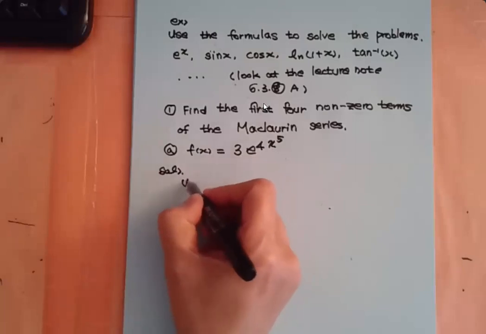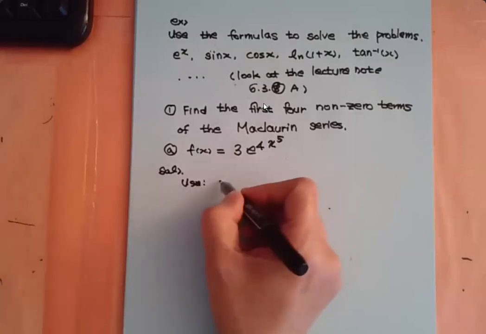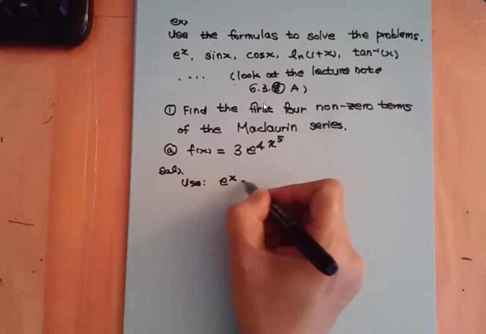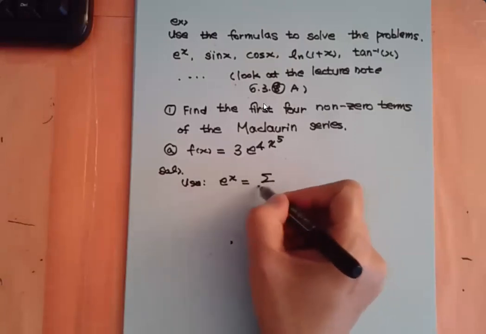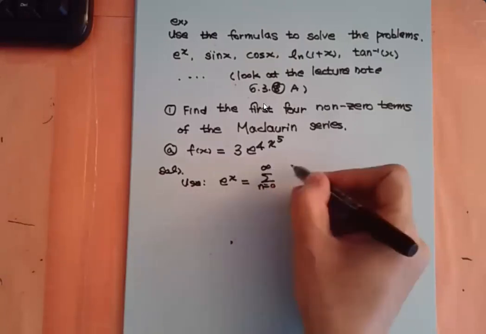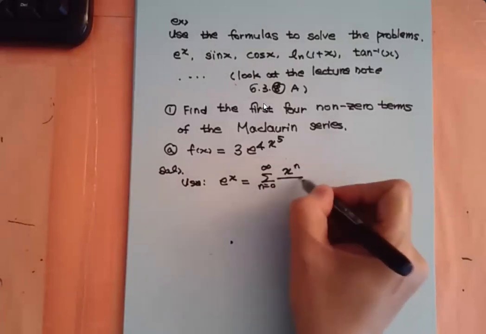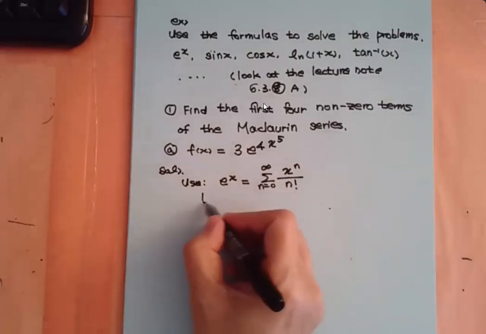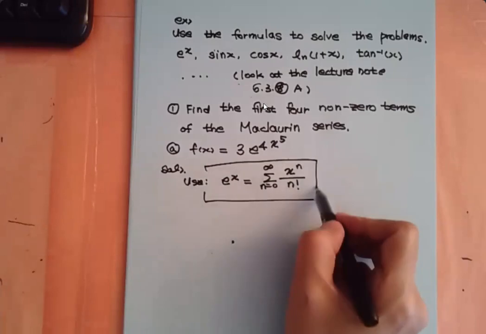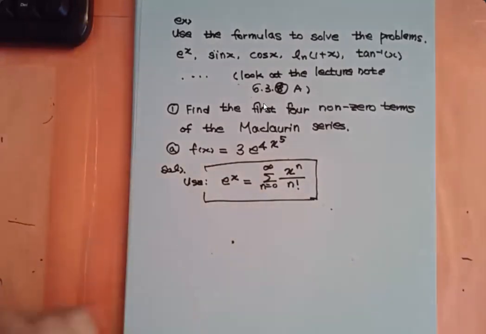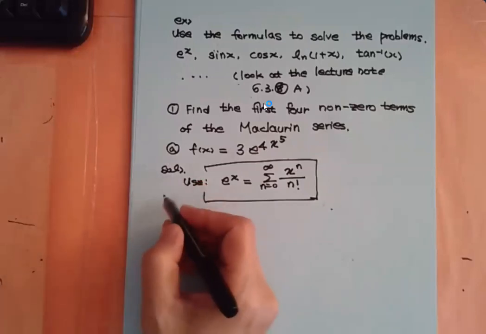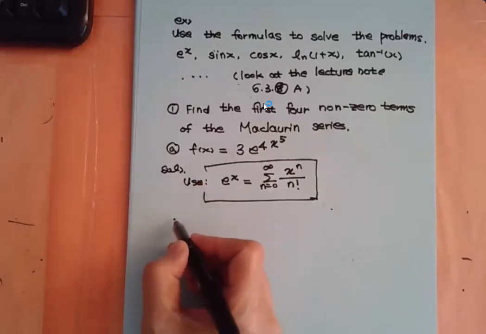What we will use will be the Maclaurin series expansion for e to the x. That is summation n equals 0 to infinity, x to the n power over n factorial. As I said, you have to remember this. Let's do the expansion.